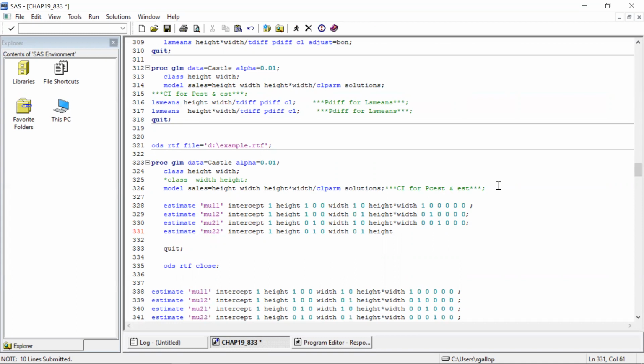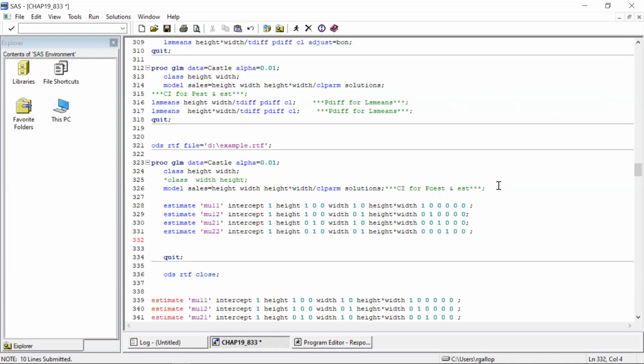And then for the height by width interaction, go height 1 with 1, height 1 with 2. Height 2 with 1, height 2 with 2. Height 3 with 1, height 3 with 2. Then we do the same thing for the last 3 cells. So mu 3, 1.